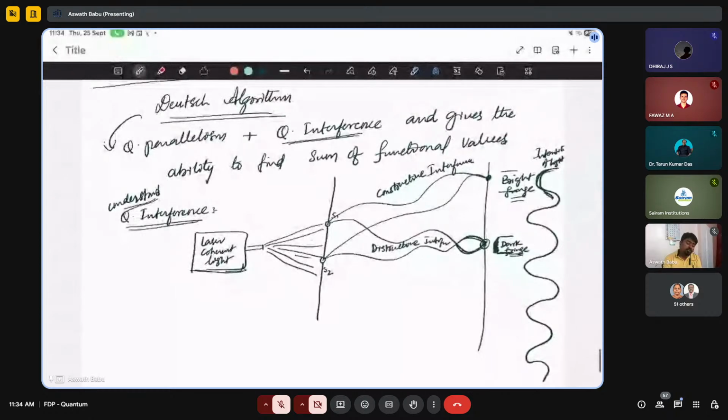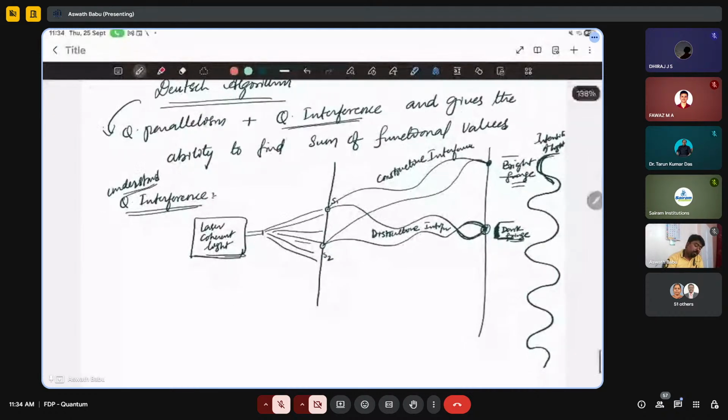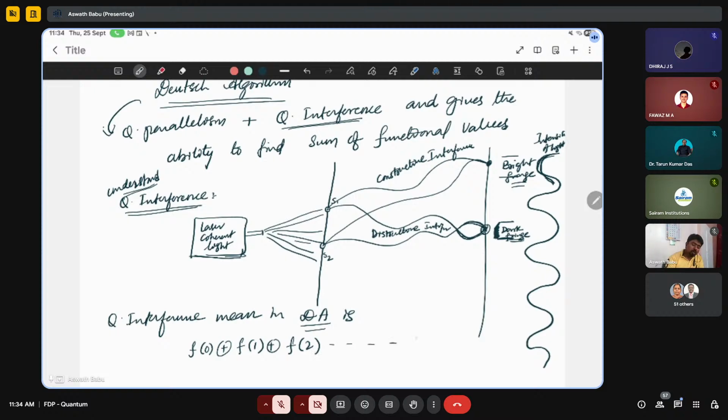What does that have to do with a quantum algorithm, the Deutsch algorithm? We just take the idea of constructive and destructive interference here. So the quantum interference in the Deutsch algorithm is that you are going to find the functional sum. So on to n.